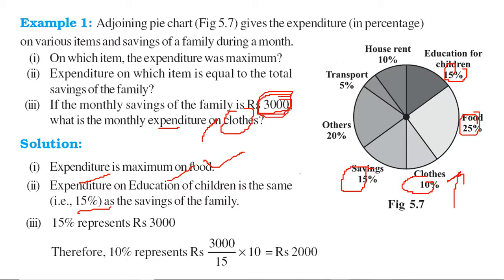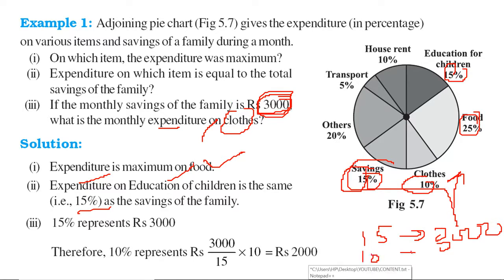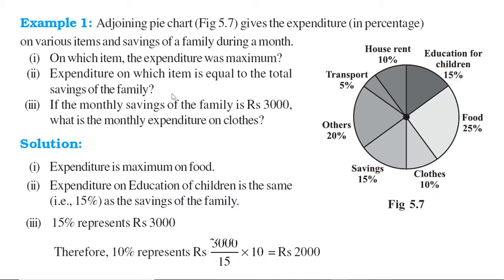So actually 15%, the monthly saving, is representing the 3,000 which is given in the question. So 15% represents 3,000. How much is this 10% going to represent? This is 3,000 by 15 into 10. Here 1,000 into 10 by 5 is 2,000. This is how we get the monthly expenditure on clothes.